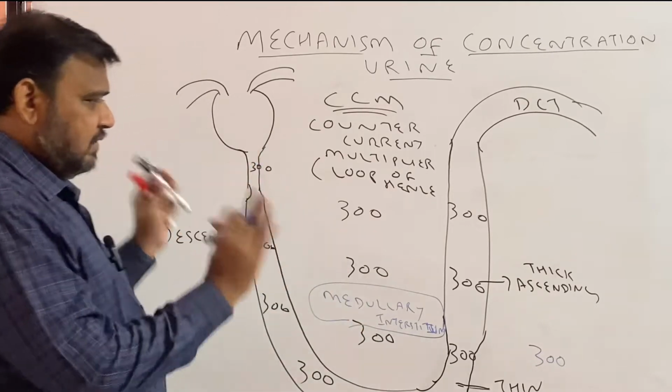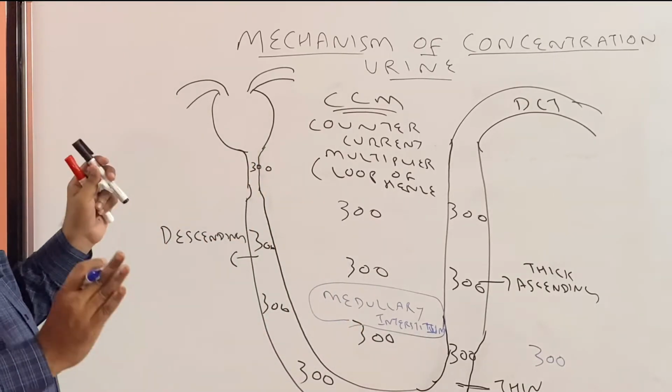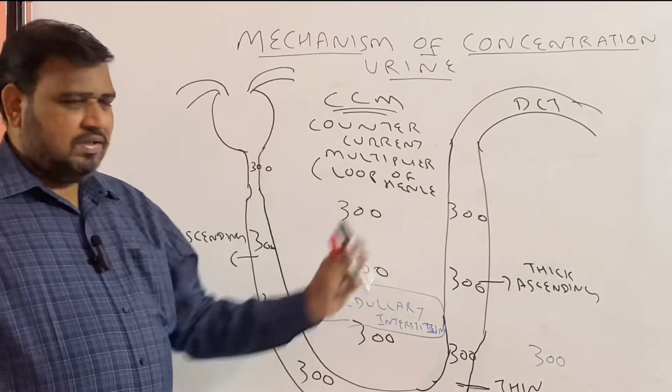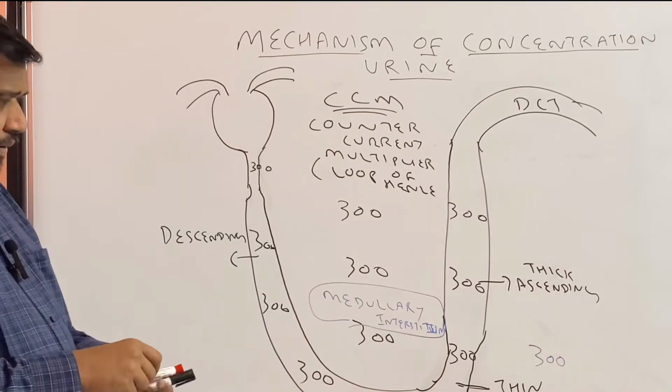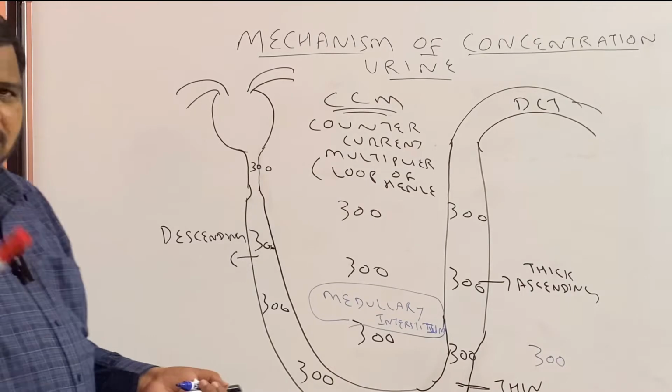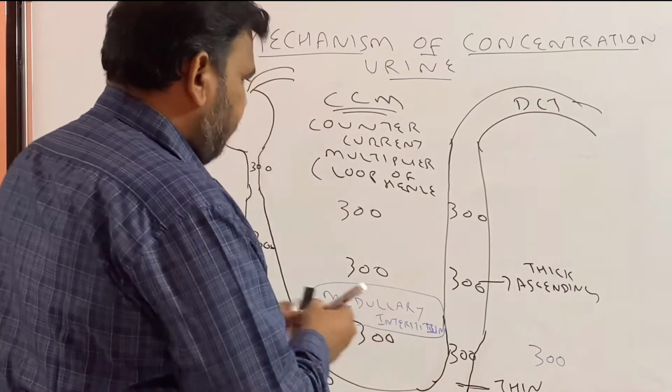So now the first step, I am starting with everything is 300. So this is the first step. Now what happens, imagine in the ascending loop of Henle, we start the diagram.